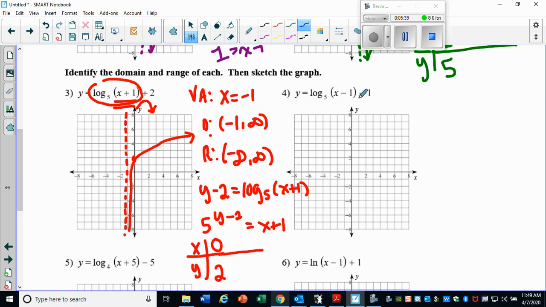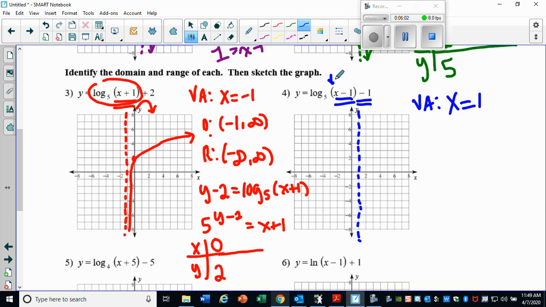So this one right here, once again, same thing. You have to rearrange this to write it as an exponent, but let's actually do that next. So first thing, let's find our vertical asymptote. We're going to set what's inside the parentheses equal to 0. So that makes our vertical asymptote x is equal to 1. I know my graph is either going to be on the right-hand side or the left-hand side.